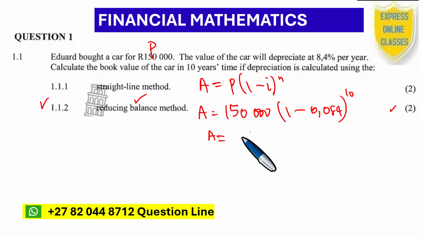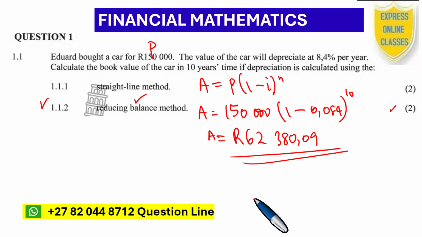If you use your calculator, you get exactly 62,380 and 09 cents. That is the reducing balance method. Next question.